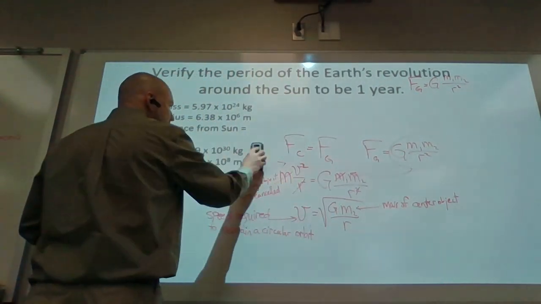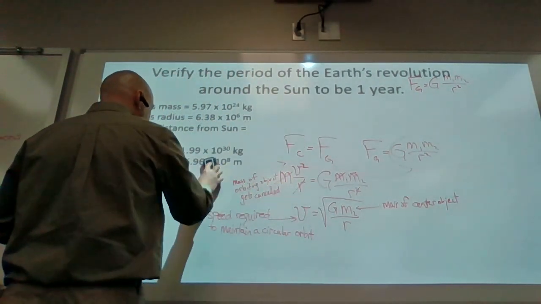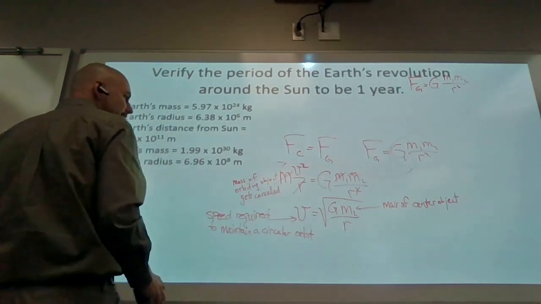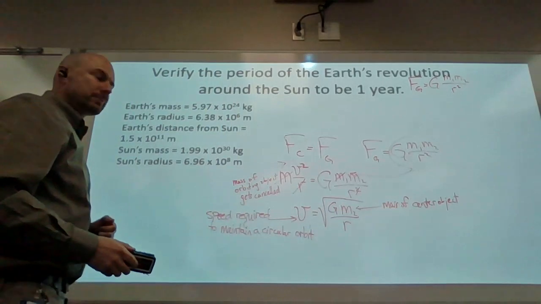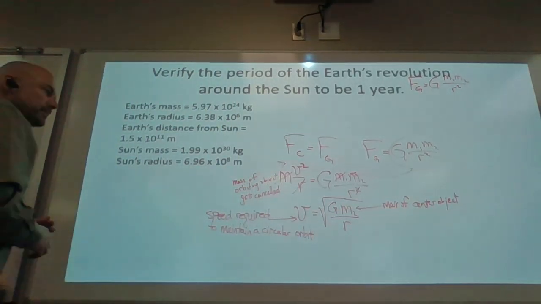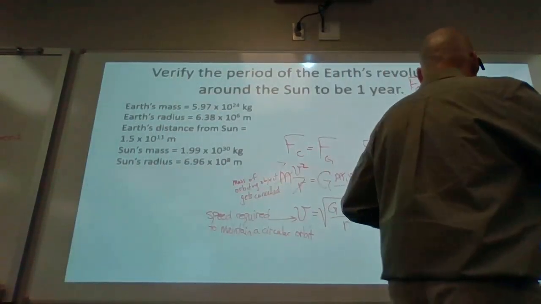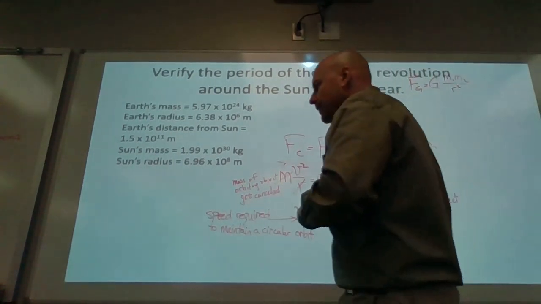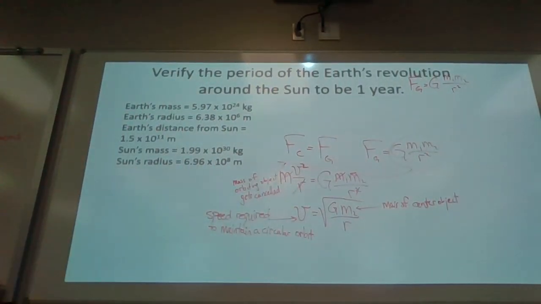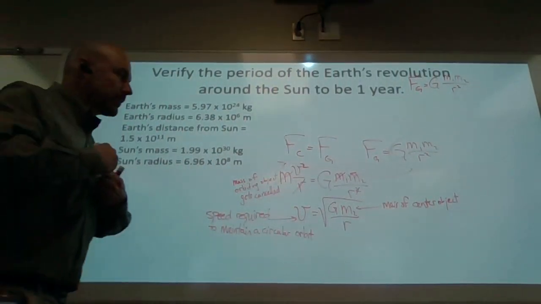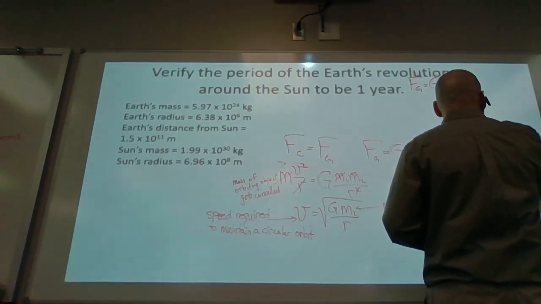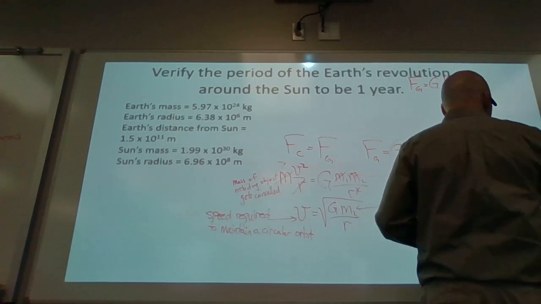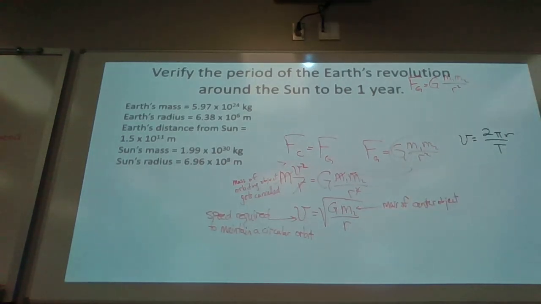See if you can pick what variables or what numbers, what values. Here's where we're going. We need a speed, and then once we have the speed, we'll use that to figure out the period.